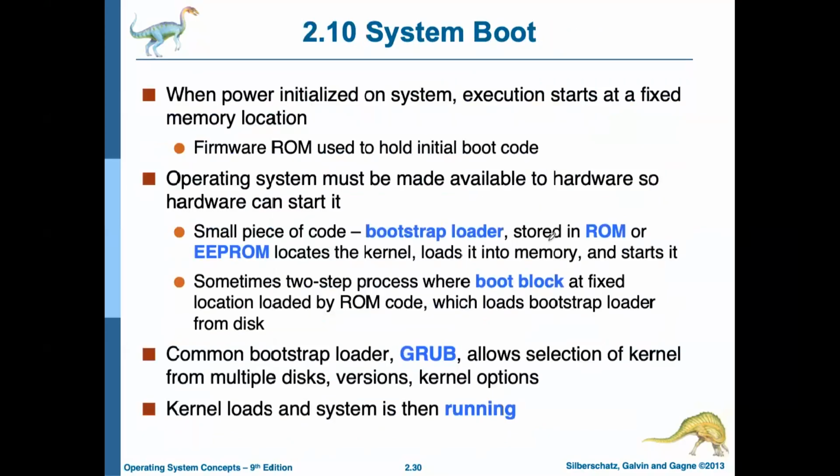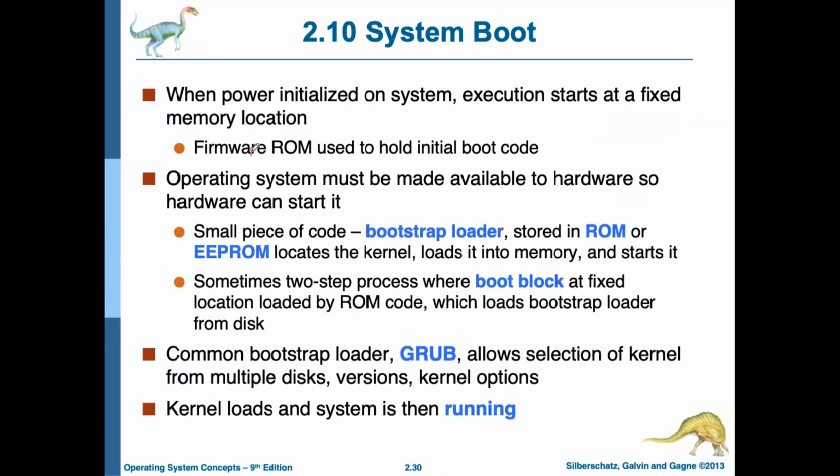System boot. When power is initialized on the system, execution starts at a fixed memory location. Firmware ROM is used to hold the initial boot code. The operating system must be made available to hardware so hardware can start it.